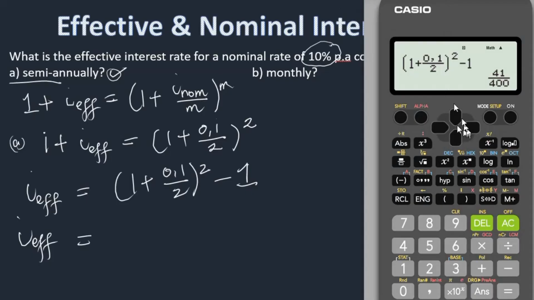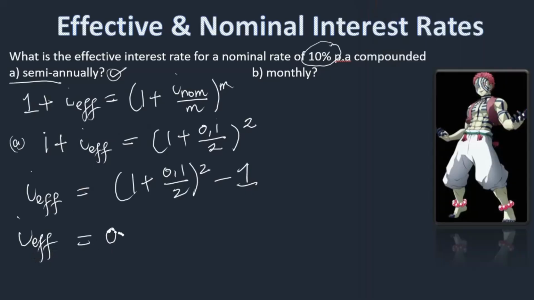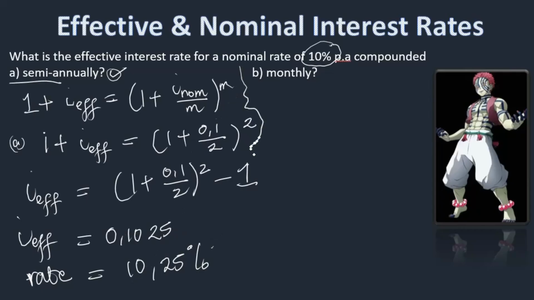And then boom, with my calculator, I press SD here and I get, to 4 decimal places, 0.1025. So the effective rate is equals to 10.25% because I'm going to multiply the decimal by 100. Do we all see that?